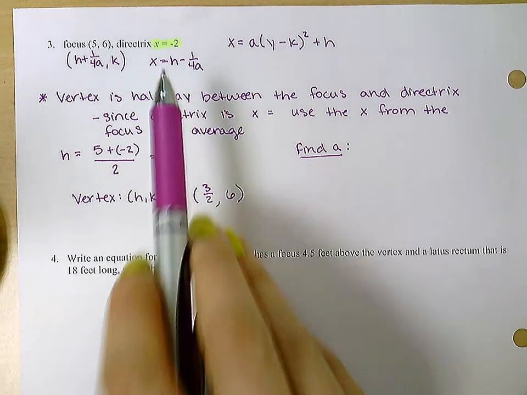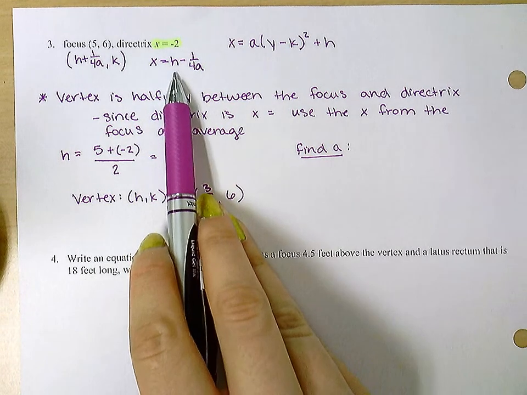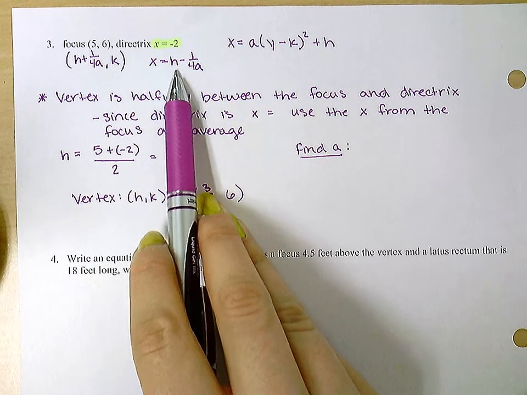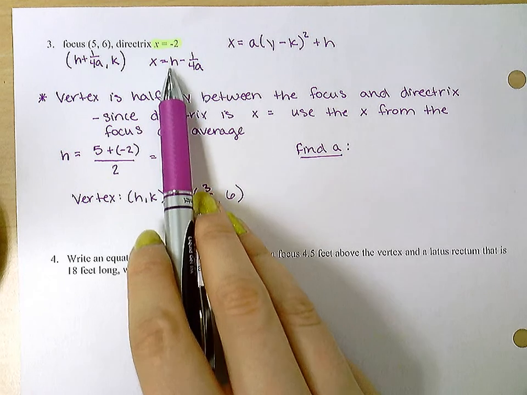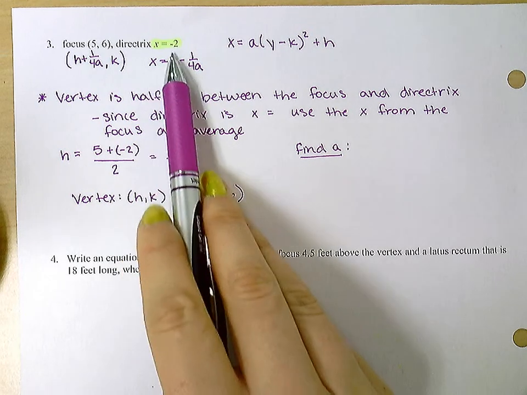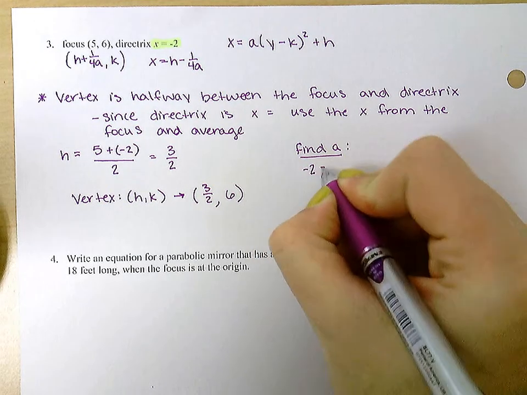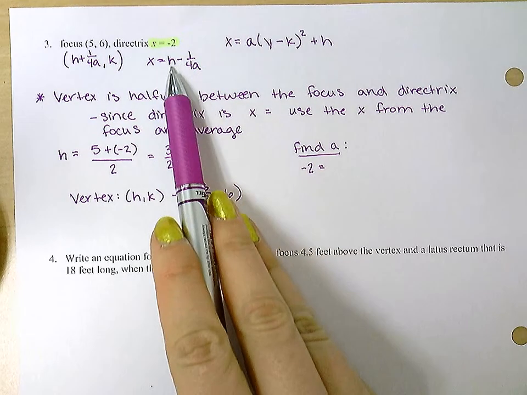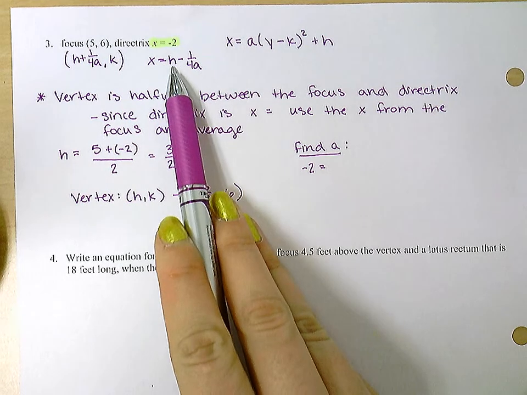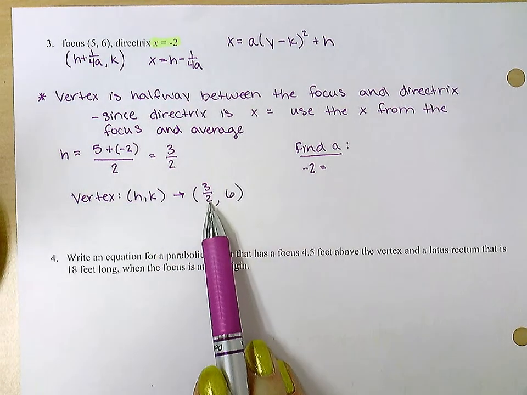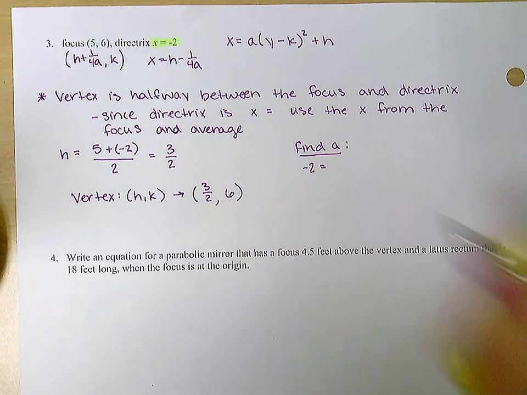With that, I'm going to use the directrix just like we did on the front. Using that directrix, our x value is -2. We have our h value now, which is 3/2 or 1.5.